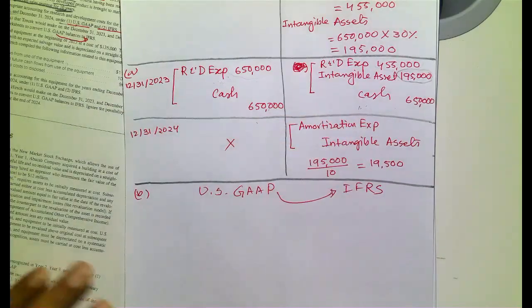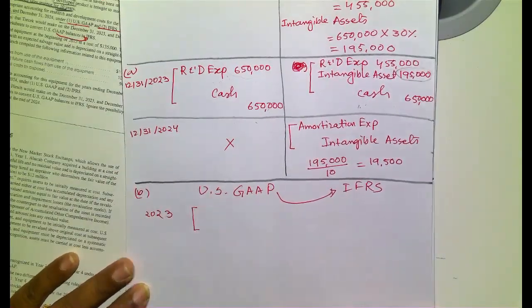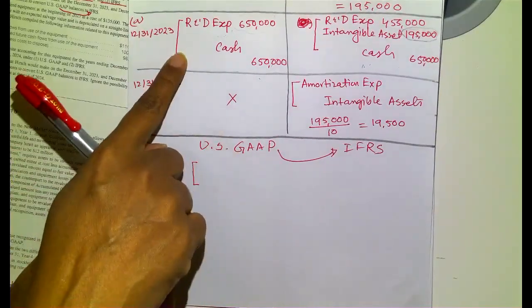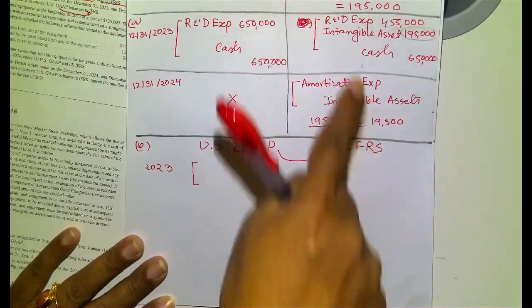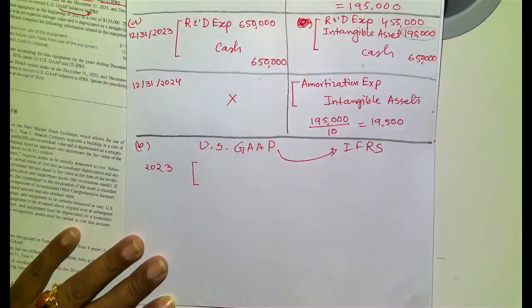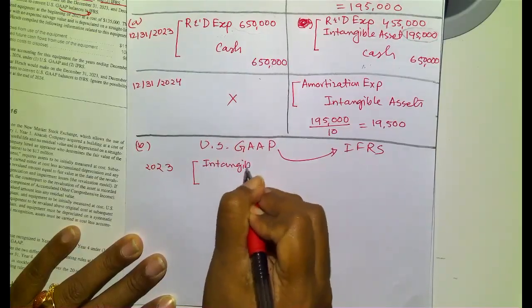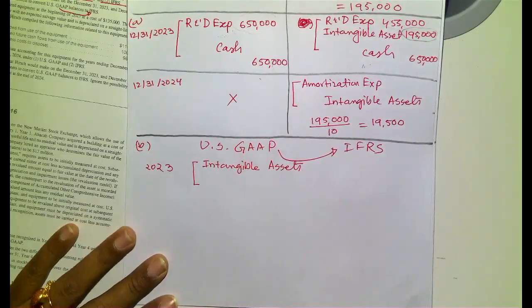So let's do the conversion entry for 2023. You are absolutely correct. GAAP did not record intangible assets. Our goal is to show the IFRS numbers. So I have to debit intangible assets, and I have to reduce the R&D expense.